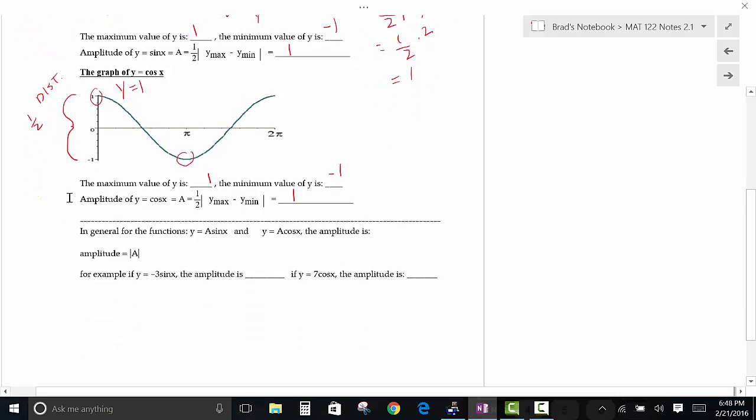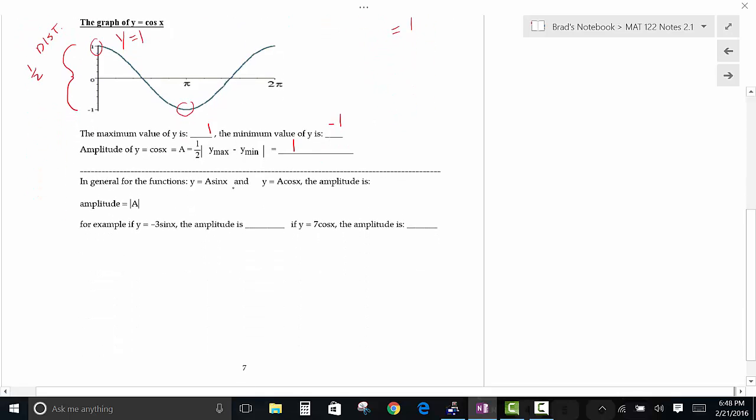Now, if you're looking at equations, the next thing we'll look at is if you have y equals a sine x or y equals a cosine x, then the amplitude turns out to just be that number in front of the sine or cosine. So we say the amplitude is the absolute value of a.